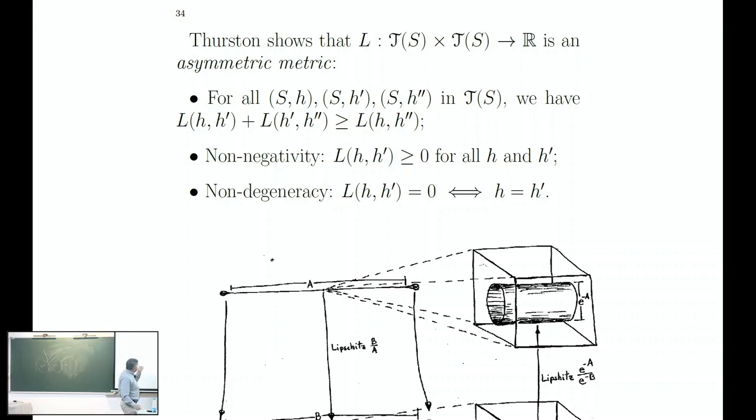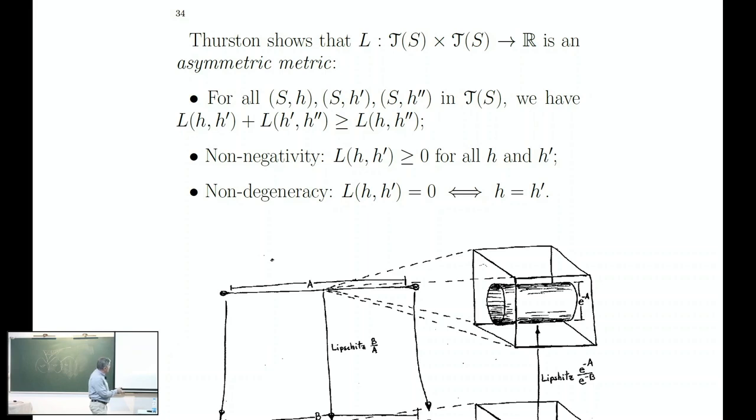In fact, physicists are used to dealing with asymmetric metrics. The non-negativity is necessary. The metric must be greater than or equal to 0.